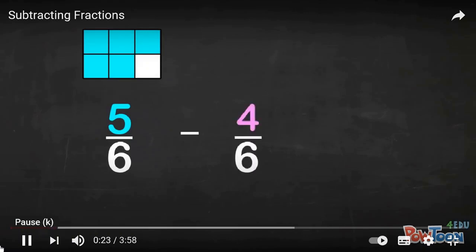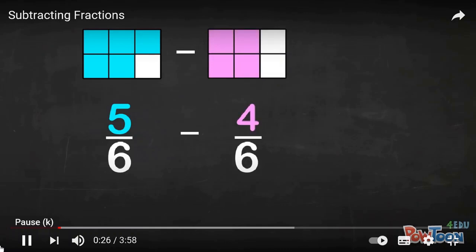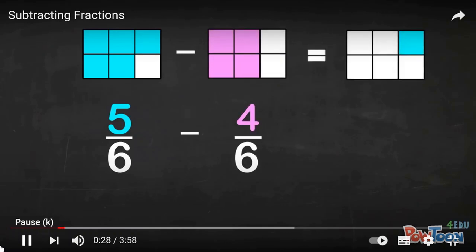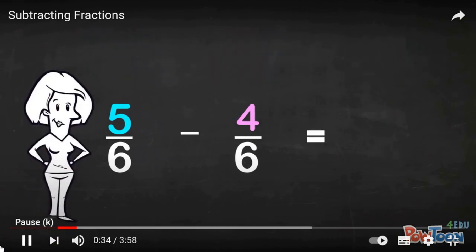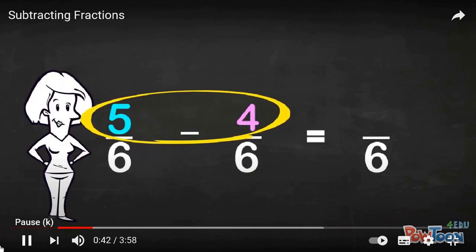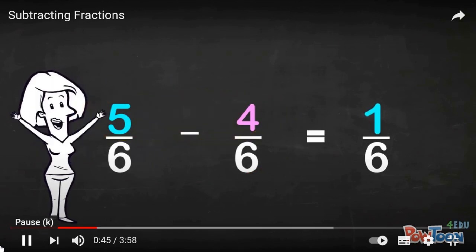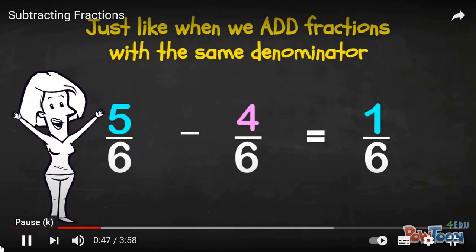If I take 4/6 away from 5/6, here's what's left. 1 part out of 6. 1/6. And without the diagrams, you can see the denominators in our problem are the same. We keep the same denominator in our answer, and we only use subtraction for the numerators. This is just like when we add fractions with the same denominator.